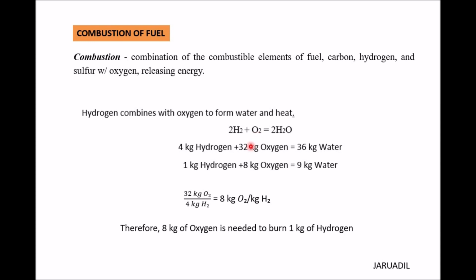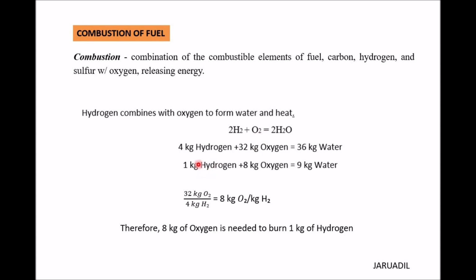So, 2 times 16 is 32. Then, we have here, pag sinum up mo siya, simple ito, 36 ito. Kasi meron ka ditong 16 times 2, 32, plus ito 4. So, 32 plus 4 is 36 kg. So, makikita nyo naman yan dito, 4 plus 32 is equal to 36. So, yan ang ibig sabihin nito.